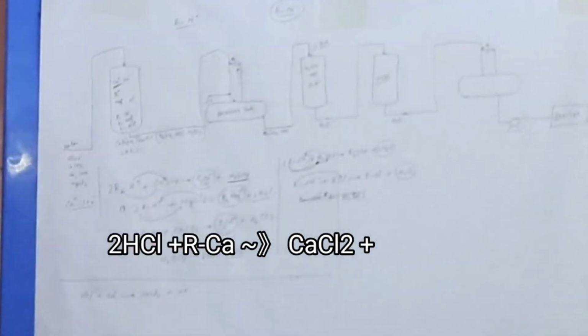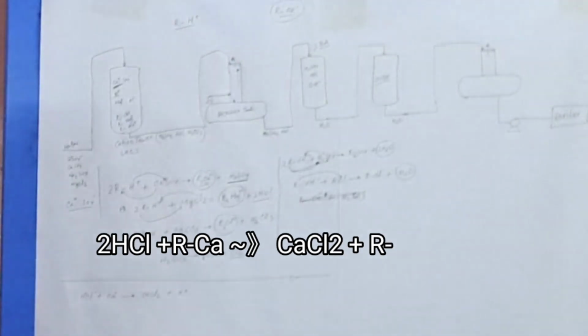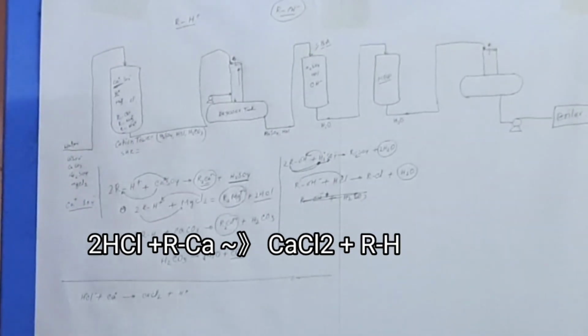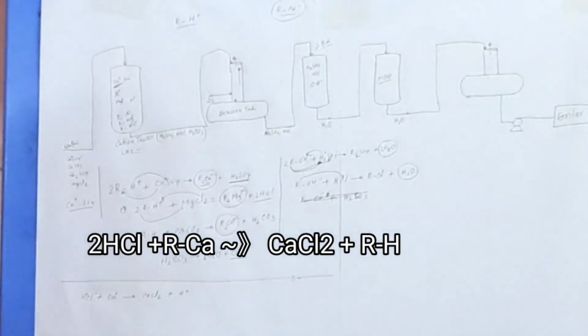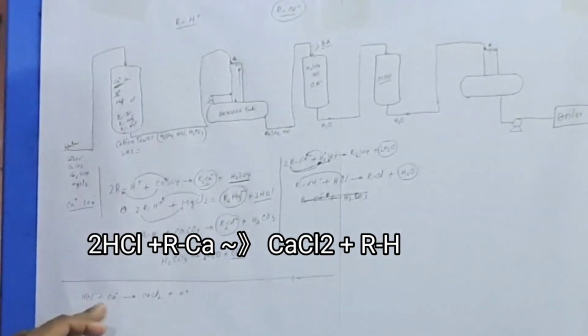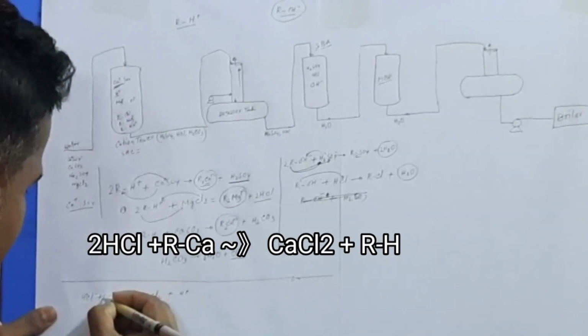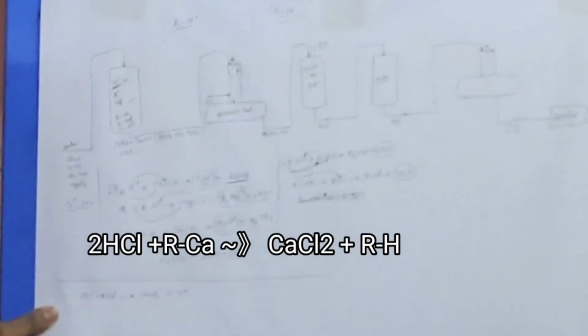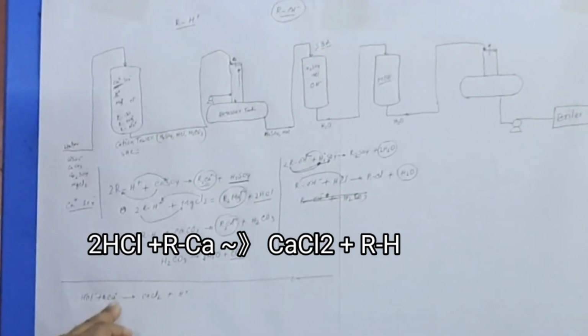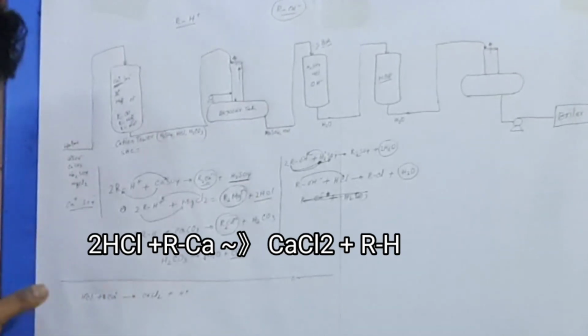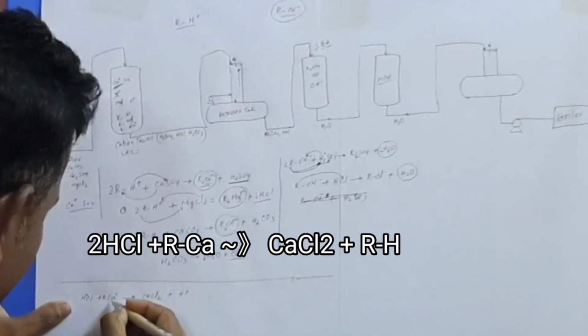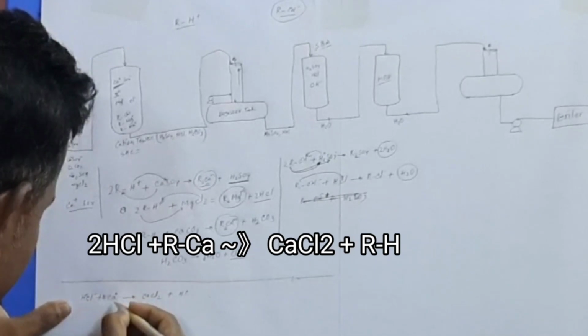If we provide sulfuric acid or hydrochloric acid on the cation tower, what will happen? Which reaction will happen if we provide hydrochloric acid with calcium? The resin already absorbed the calcium. So the calcium ion, what will happen? It will create calcium chloride, because this is a positive ion, this is a negative ion.